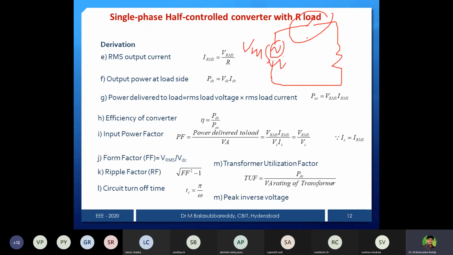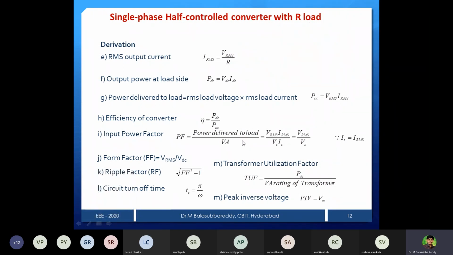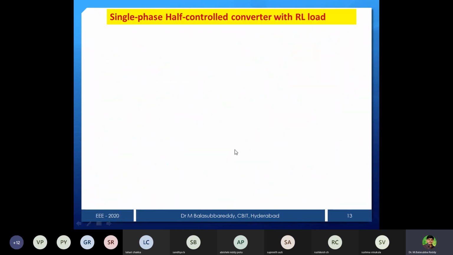And once the device is in the off state, the reverse voltage applied across it, because it is open, has a magnitude of Vm. So that's why inverse voltage. So peak inverse voltage is the maximum voltage applied across the device when the device is in the off state, and you can see that it is Vm, or you can say peak inverse voltage or reverse voltage. And these are the quantities.